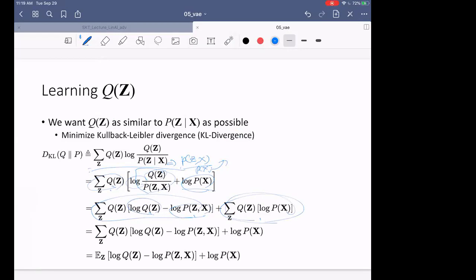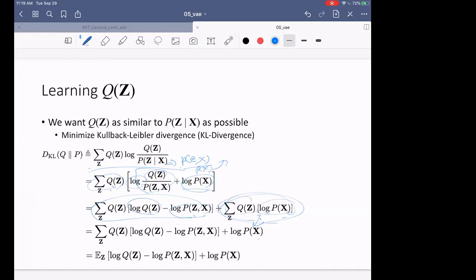And the reason that we can come from here to here is that your log P(X) has nothing to do with Q(Z). Your P(X) is a fixed term. It's your data set. Whatever approximate posterior you learn through Q doesn't really affect your log P(X).